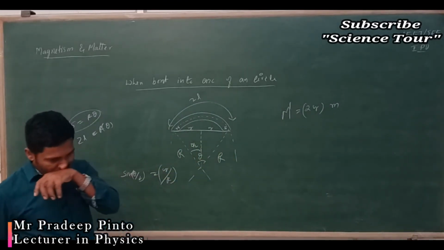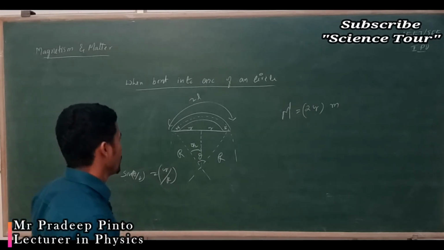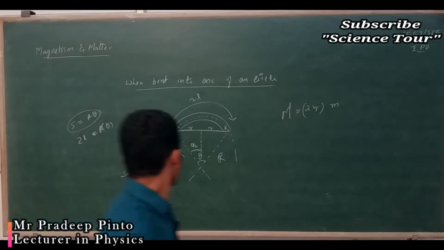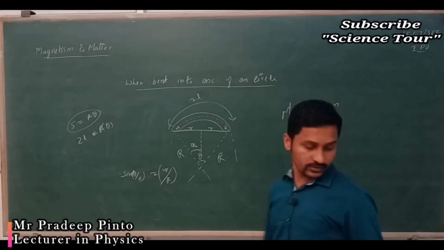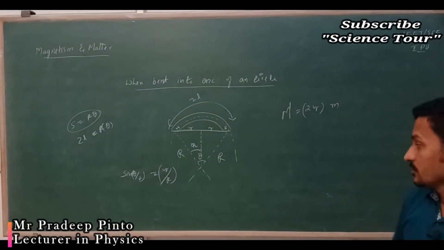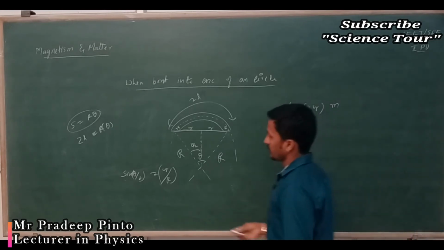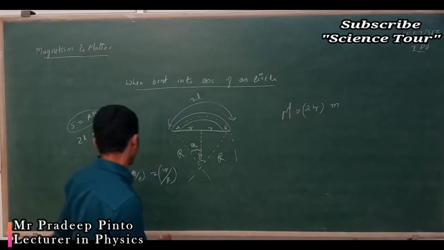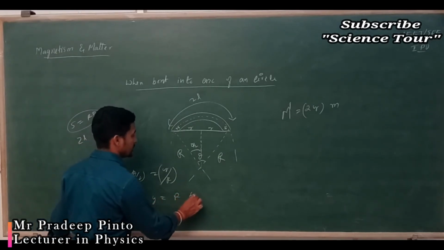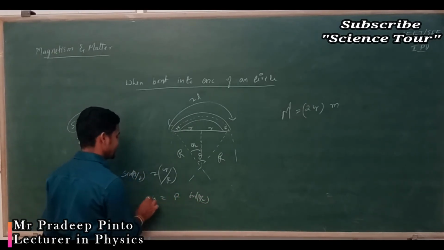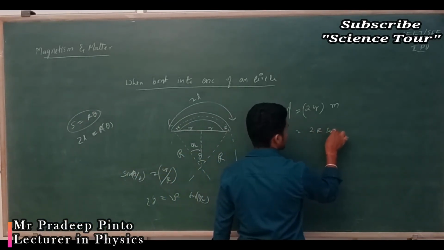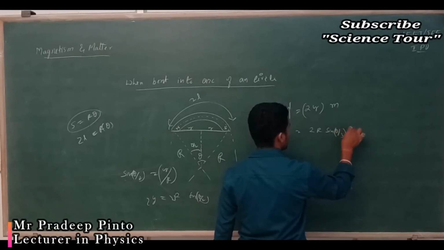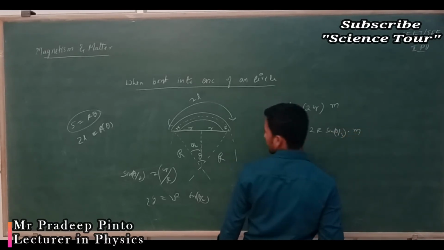So what value are we going to get? Sine theta by 2 is y by r. So what is 2y? y is equal to r sin theta by 2, so 2y is 2r sin theta by 2, into m.